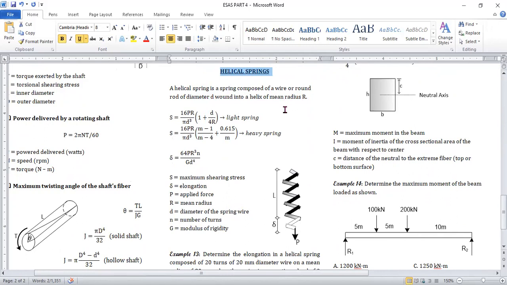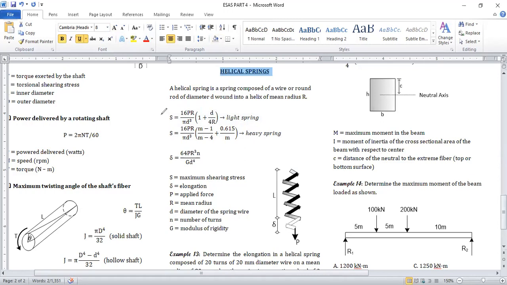So basically, the helical spring can also experience stress. The stress developed in a helical spring can be approximated using the first formula.